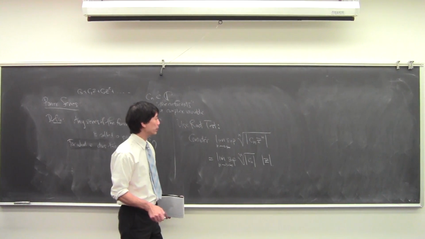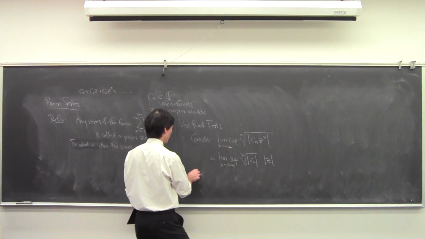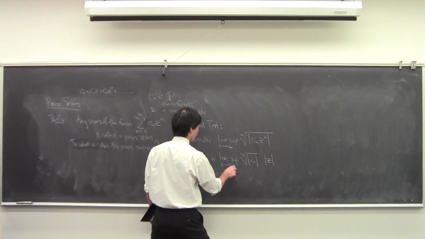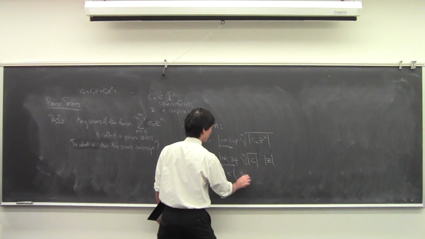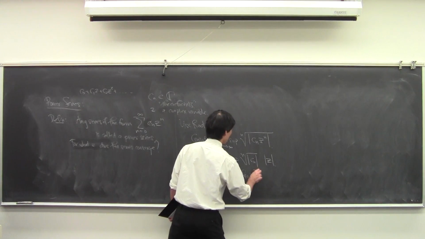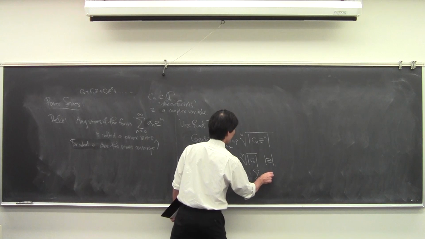Okay. So the root test says as long as this is smaller than 1, then the summation of Cn z^n converges.